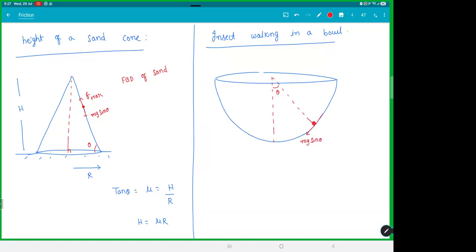The reason you're able to walk is because of friction. F max is trying to push you up. This angle will again be tan theta is equal to mu. So you cannot climb more than this. This is the maximum angle an insect can climb inside a hollow hemisphere. Clear with this? So that's a little based on angle of repose.